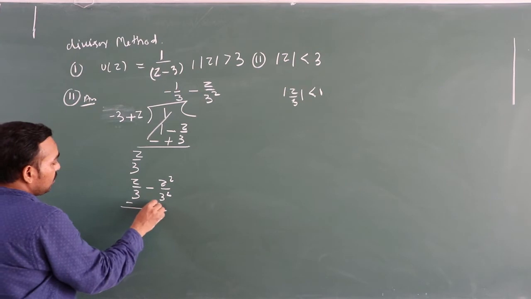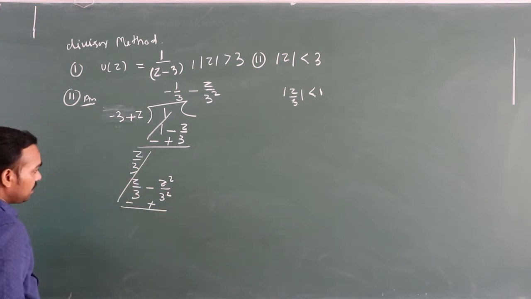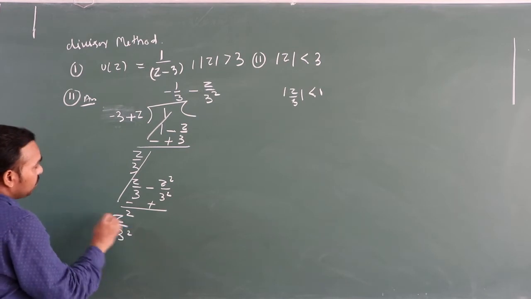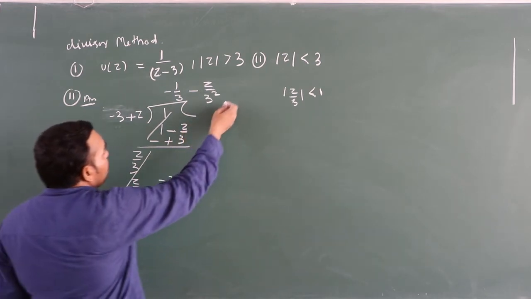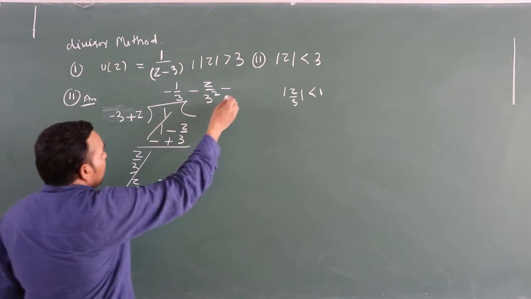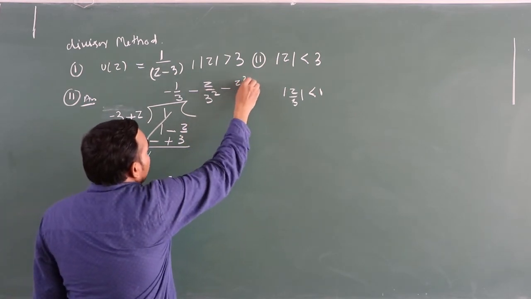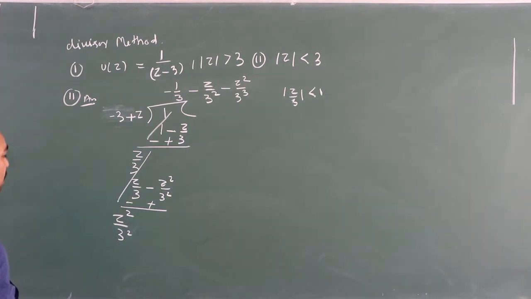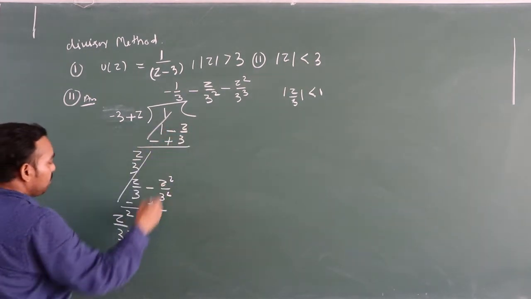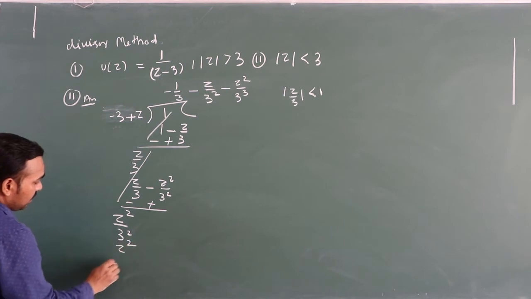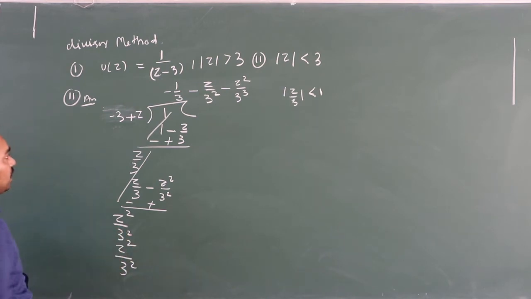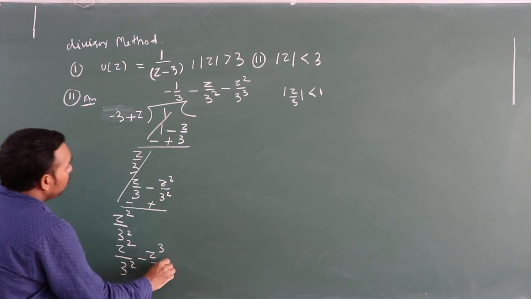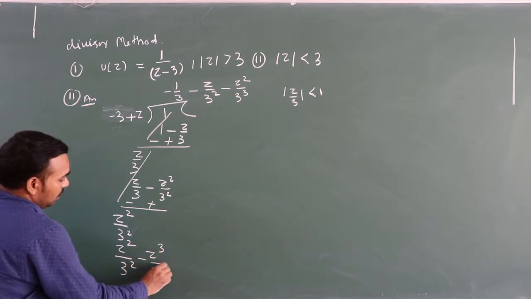Again minus minus plus cancels out, so we get Z square upon 3 square, and again multiplying by Z square upon 3 cube, minus minus plus gives Z square upon 3 square minus Z cube upon 3 cube.